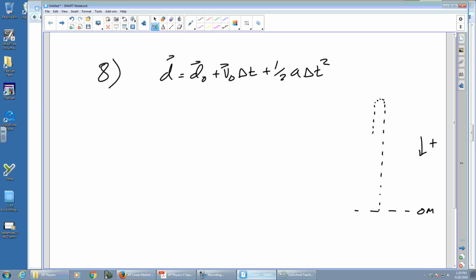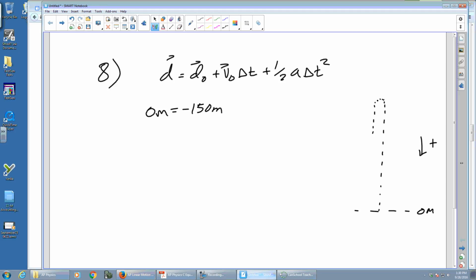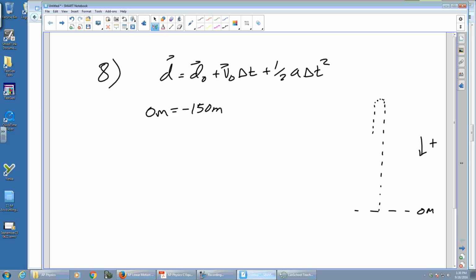Is that okay with everybody? Just to be weird. So I know it's going to end up at 0 meters. It's starting at negative 150 meters, I think. Let's see. Yep, for me it's 150. Then it's moving upwards at 1 meter per second, so I have minus 1.0 meters per second.